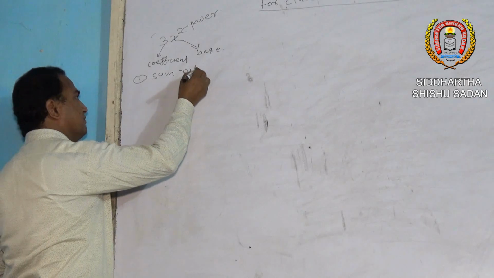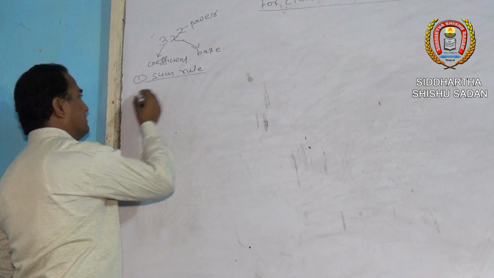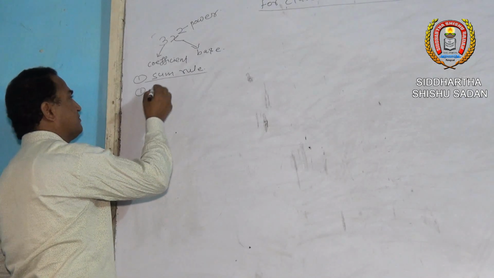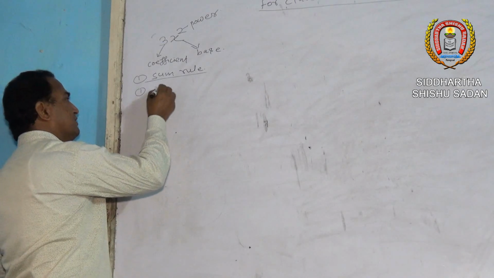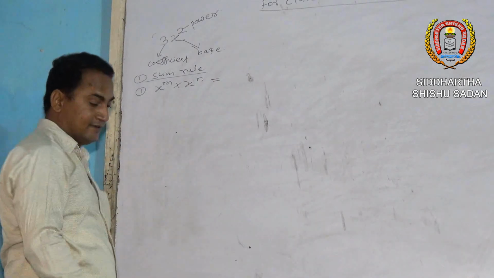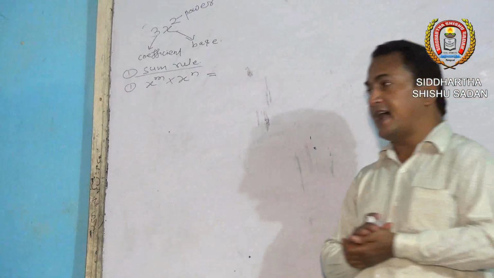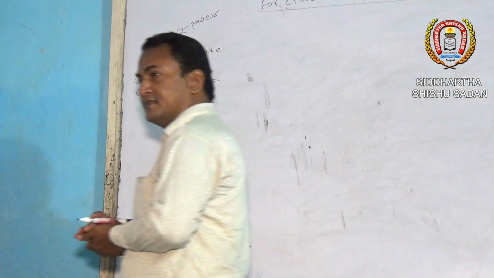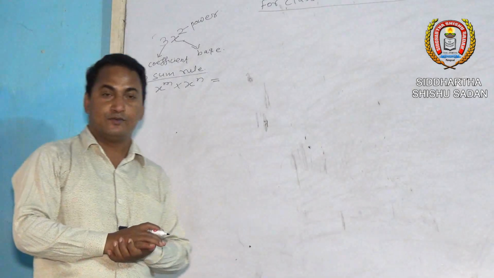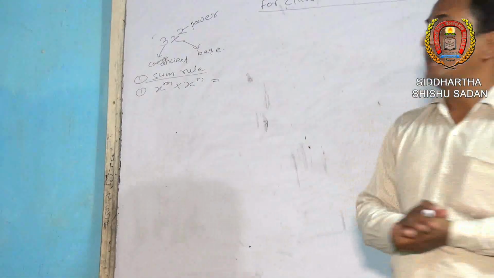First of all, the sum rule. When x to the power m into x to the power n is equal to, when the bases are the same, then the powers are added in multiplication.